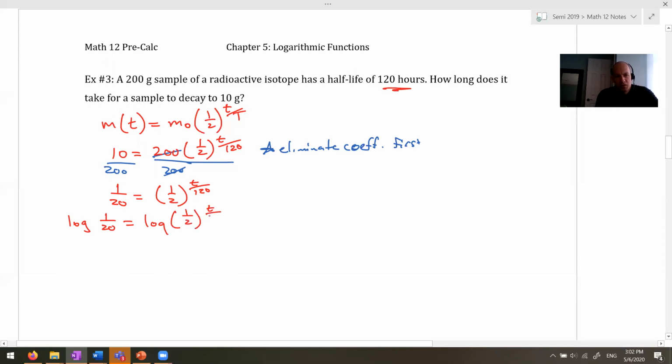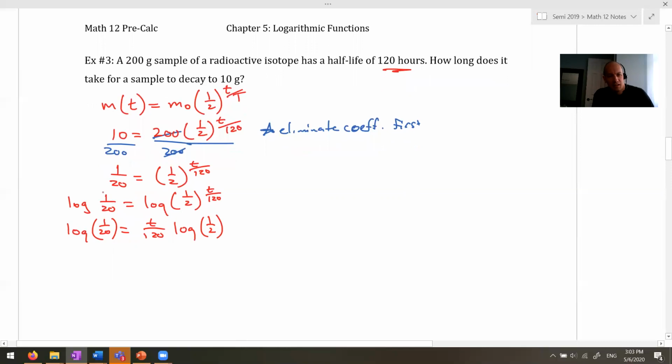When you log both sides, you can now bring the exponent out. You don't put brackets because of fractions. And now it's just a matter of solving.